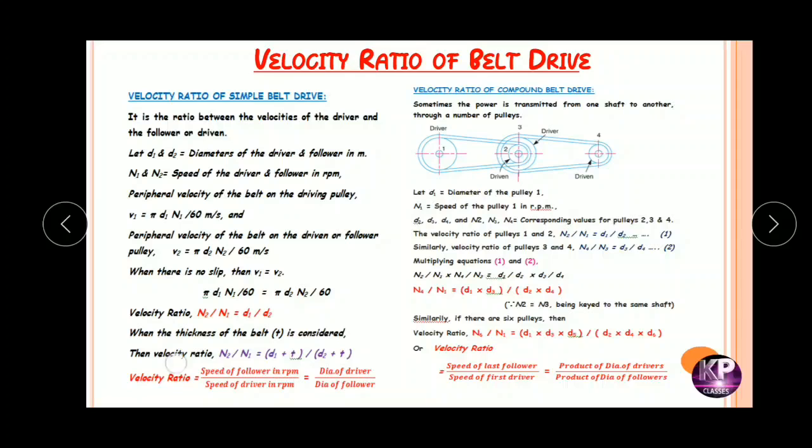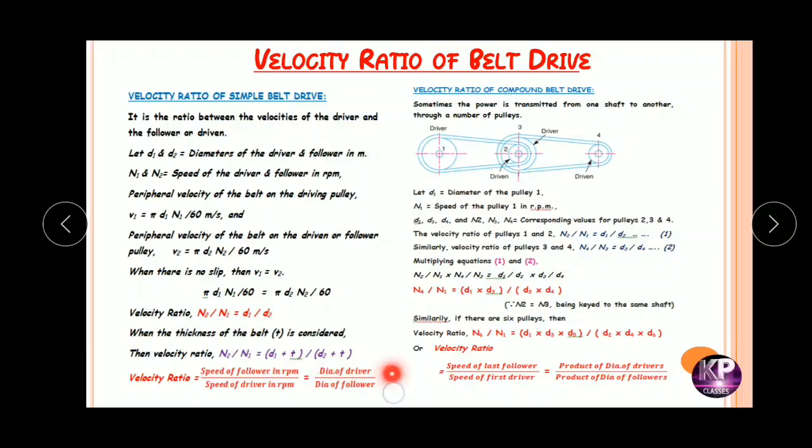When the thickness of the belt is considered, let the thickness of the belt be t, then velocity ratio becomes n2 by n1 equal to d1 plus t upon d2 plus t. Instead of d1 upon d2, here d1 plus t upon d2 plus t.